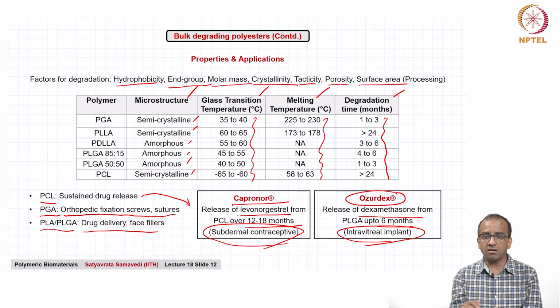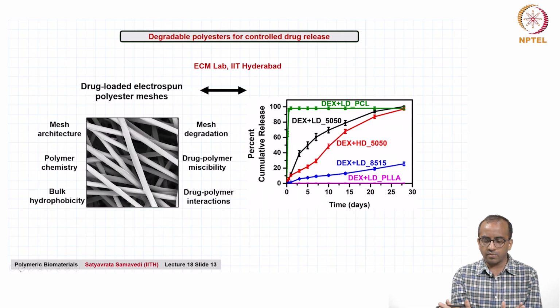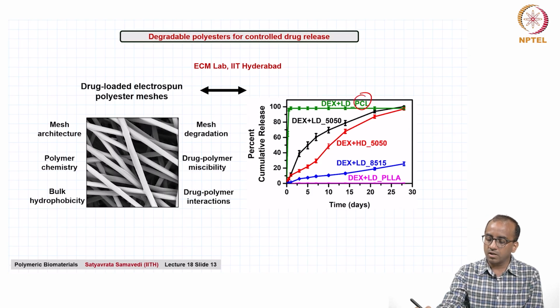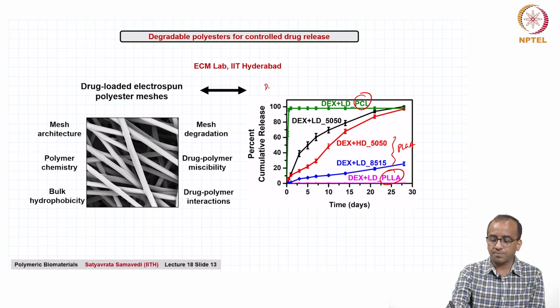So, that is a good segue now for us to come to the last part of the lecture, where we are going to look at one quick study where the use of several of these polymers that we have just looked at, namely polycaprolactone, polylactide-co-glycolide and PLLA, for the controlled release of dexamethasone.